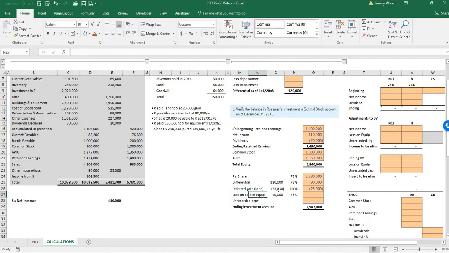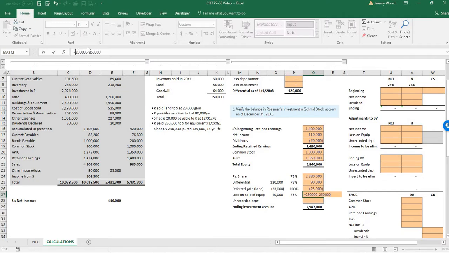And so there's also equipment that was sold between the two. The subsidiary sold it to the parent, and so that's going to be an upstream transaction. And there's going to be a loss related to that because it says that the carrying value was 290,000, but we sold it for 250,000.